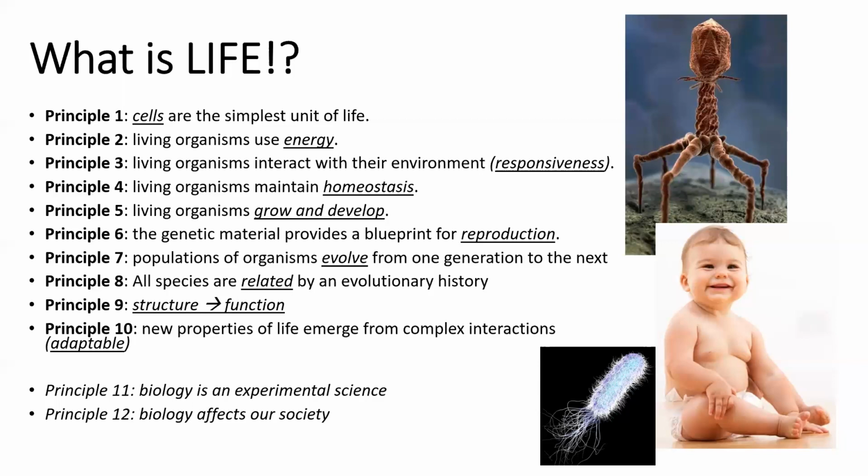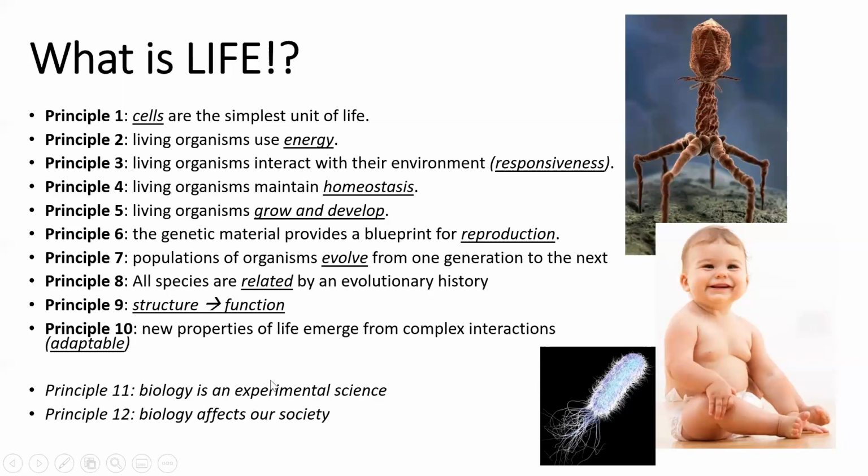That is the new property that emerges at the next level, going from atoms to molecules, molecules to macromolecules, macromolecules to organelles, organelles to cells, and then cells to tissue. Each level that we move up to has a new emergent property that was not present in the previous level.